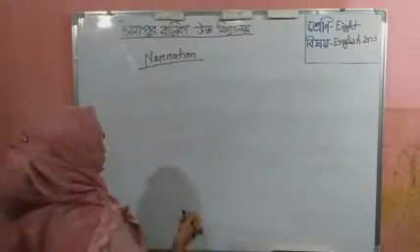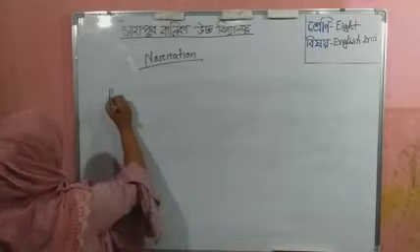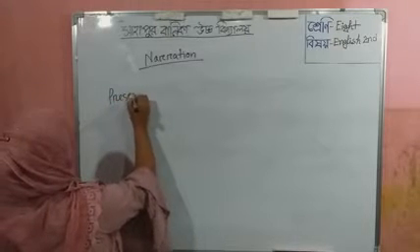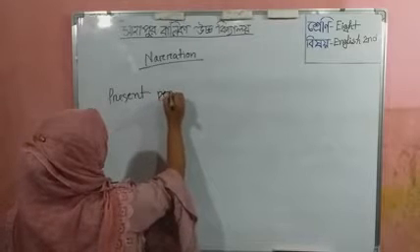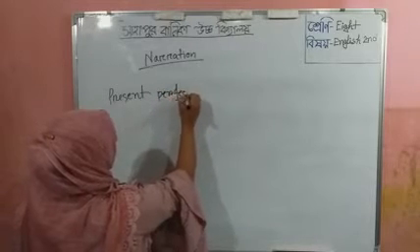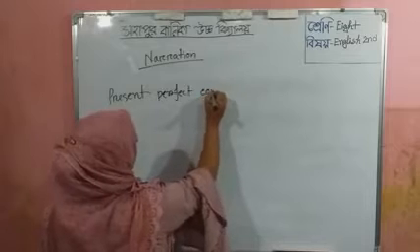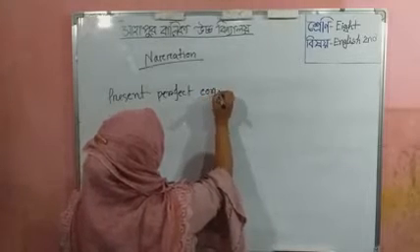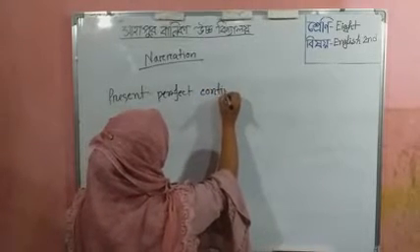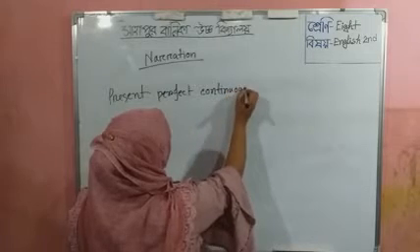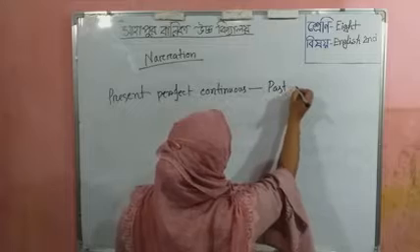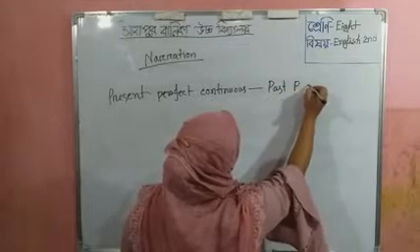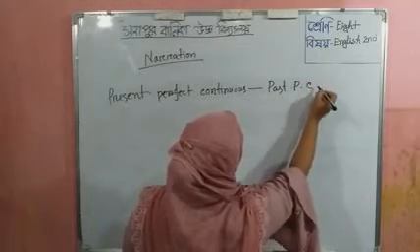In the next rule, we learn about present perfect continuous to past perfect continuous.